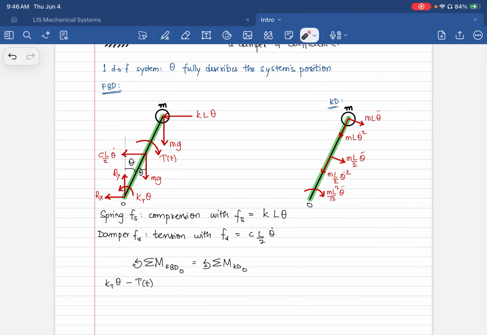We have this length of L/2. What we're looking for is a moment arm length, which is this length here, to the line of action of the force. So this is L/2. This theta means this is L/2 sine theta. So you have L/2 sine theta times the force of mg.